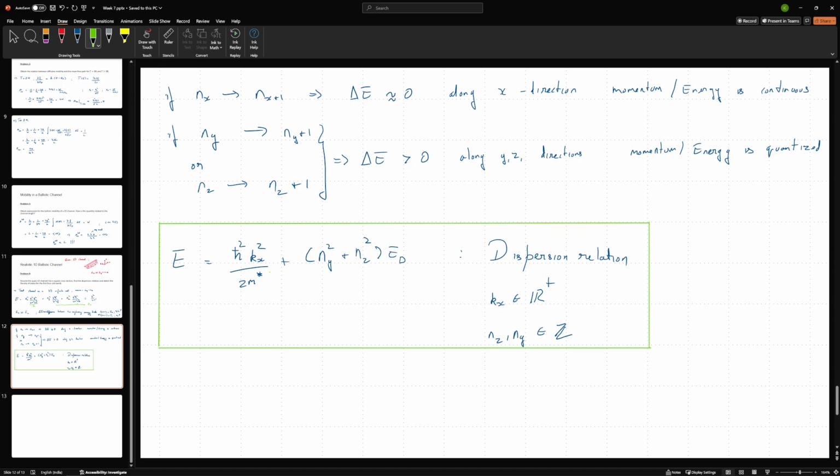But nz and ny cannot become smaller than 1. So the lowest possible values they can have are 1 comma 1, which implies E min is equal to 2ED. It cannot be smaller than this.